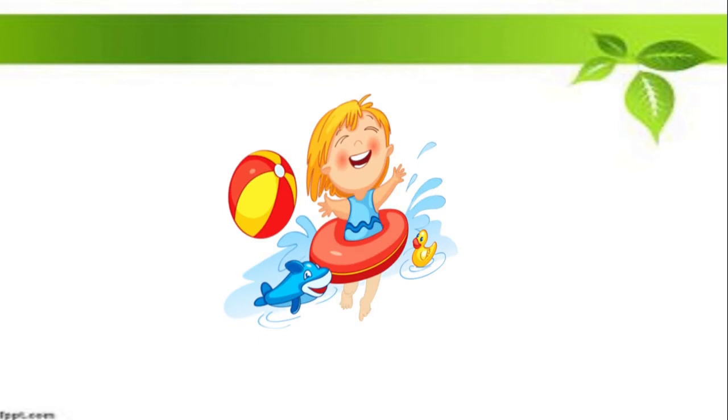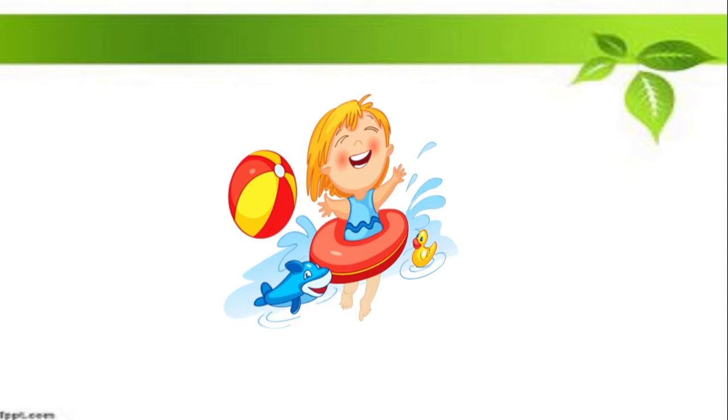Dear children, here you can see a girl in a swimming tub, right? And so many toys are there with her. You can see a ball, you can see a plastic dolphin, you can see a duck, isn't it? These are all toys and she is enjoying with the toys.